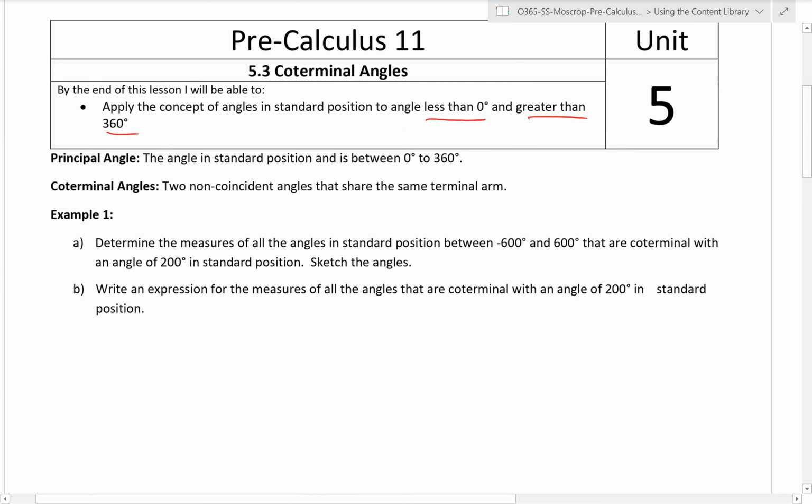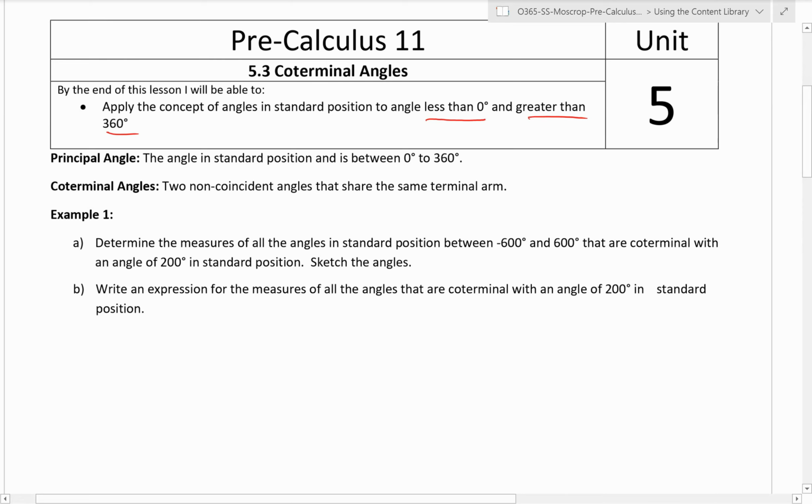Okay, so before we look at those, let's again look at some definitions here. Principal angle, I think we saw this earlier, is the angle in standard position that is between 0 and 360 degrees. So basically an angle in standard position will be a principal angle because it's between 0 and 360. Okay, coterminal angles, this is new.